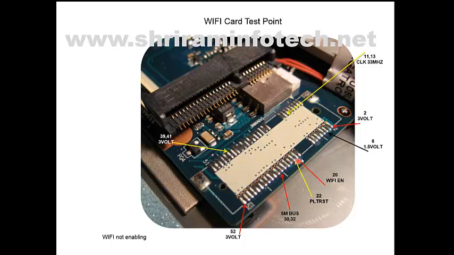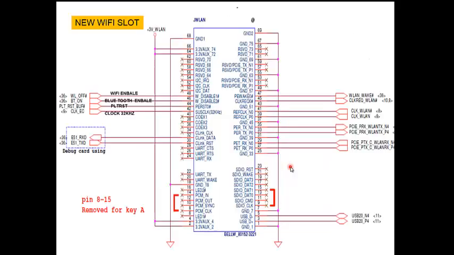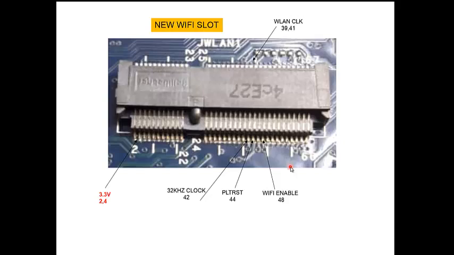So this socket is an older socket. Nowadays a newer socket is coming, a very small socket like this. In this type of small connector, when the Wi-Fi is not working, at that time you have to check pin number 48. Pin number 1, then 2, 3, 4.